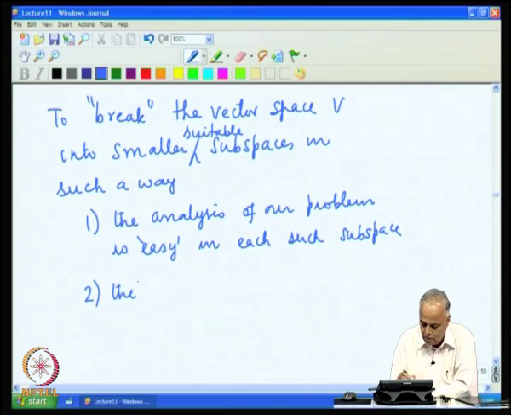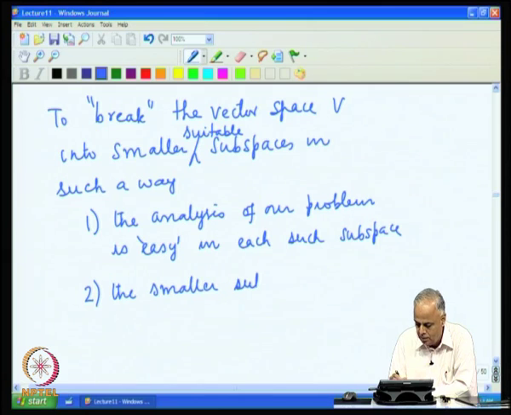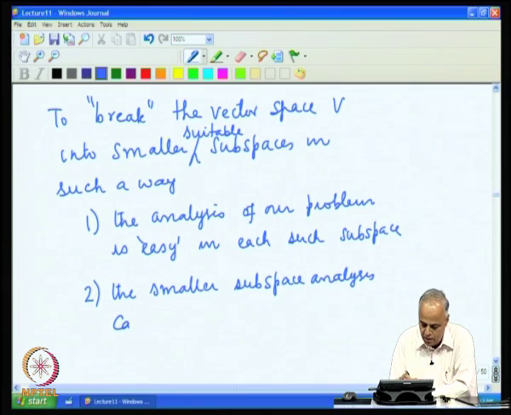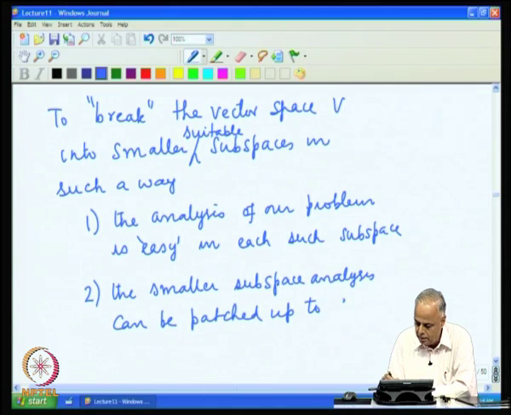The smaller subspace analysis can be patched up to get the full space analysis.